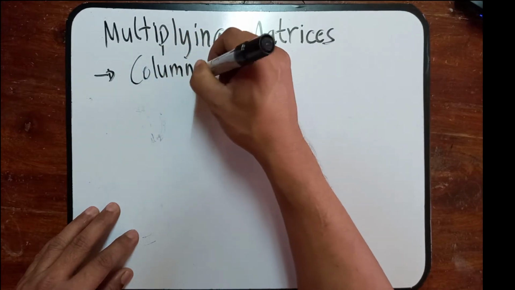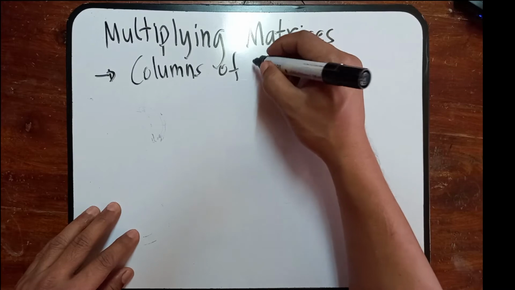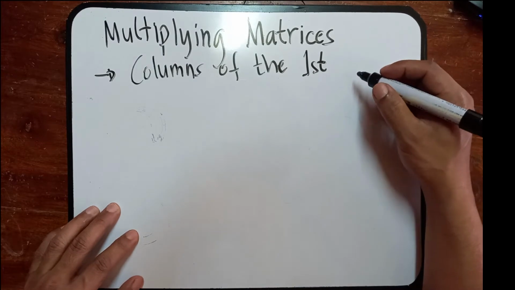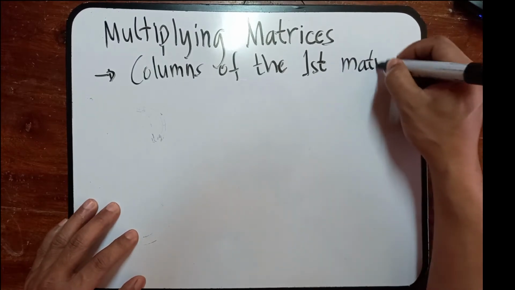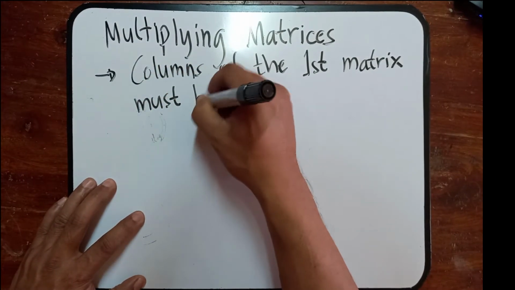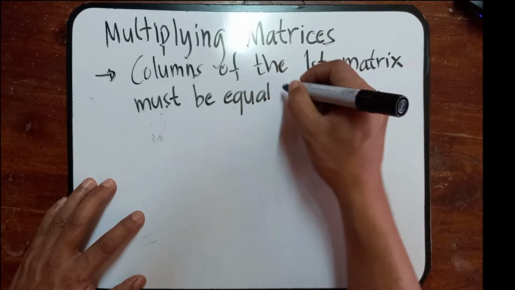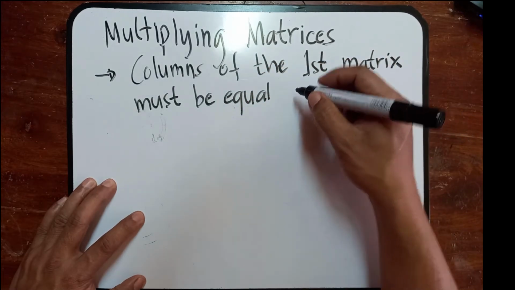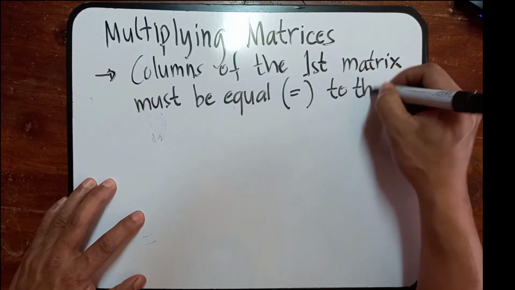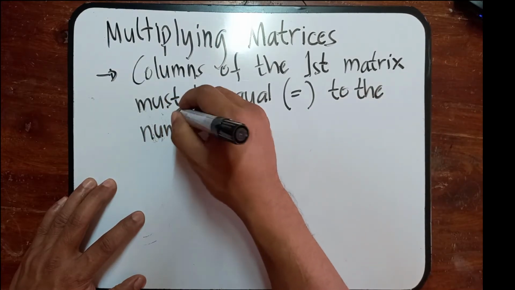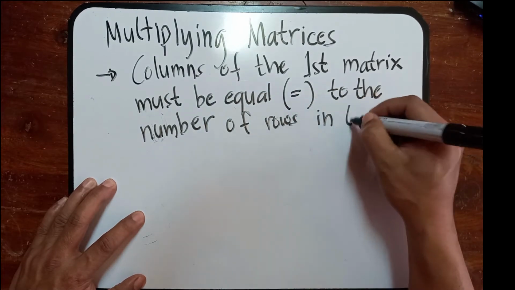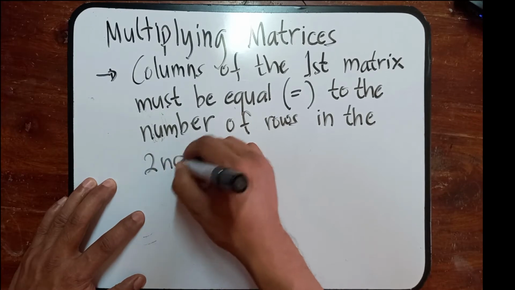The number of columns of the first matrix must be equal to the number of rows in the second matrix.